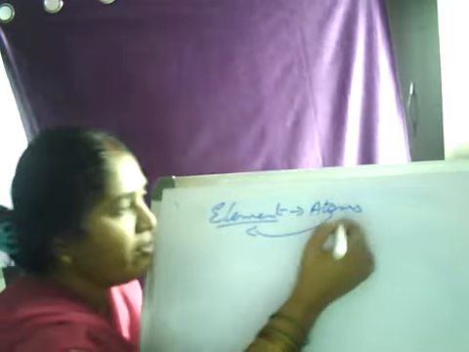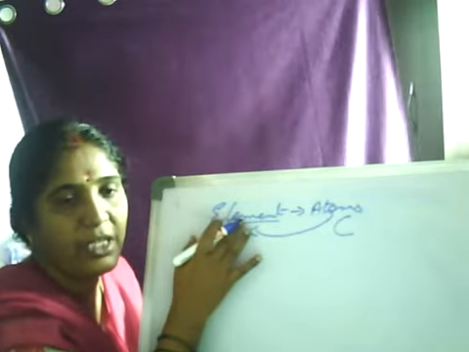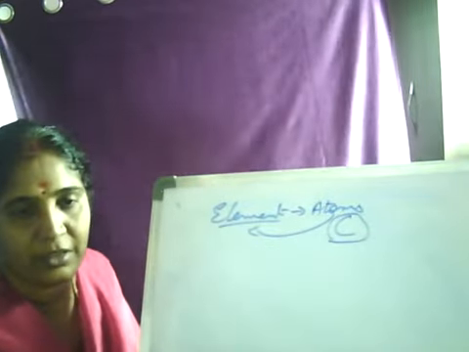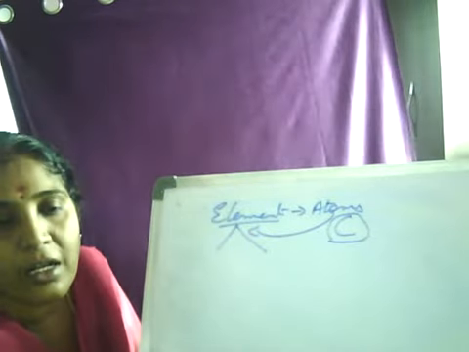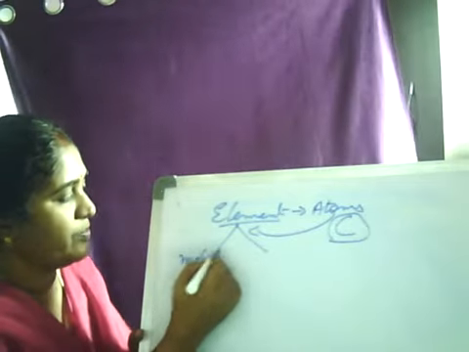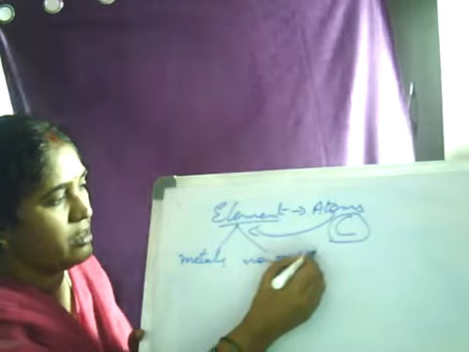For example, I have given carbon as an example of an atom. So all the atoms in the element exhibit the same properties, right? So as such, elements are classified or divided into two types: metals and non-metals.